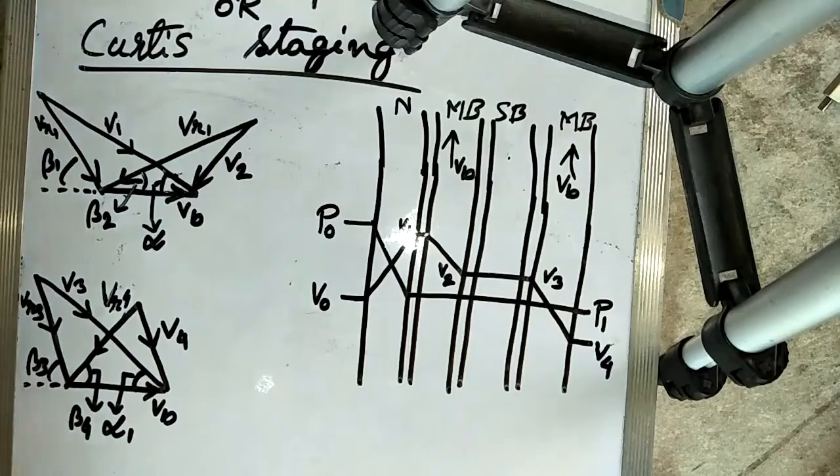The velocity diagrams for the first row of moving blade and the second row of moving blades are shown in this figure.